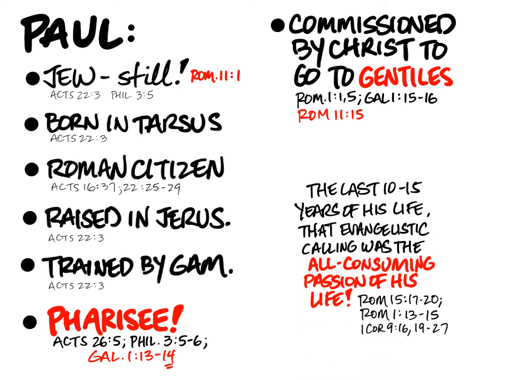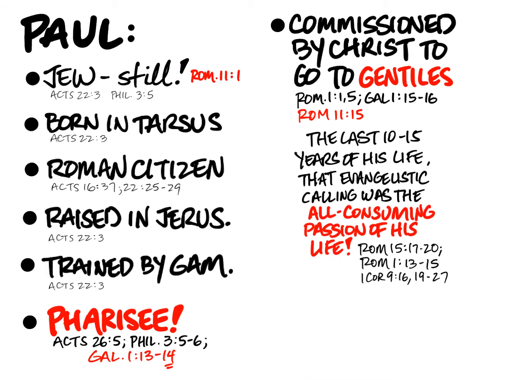We find out from reading the book of Romans and from what we see in the book of Acts that in the last 10 to 15 years of his life, he was committed with an all-consuming passion to that calling. We'll see a couple of references in the book of Romans to the fact that this is what Paul devoted himself to.